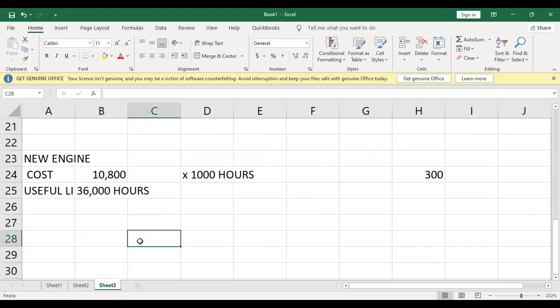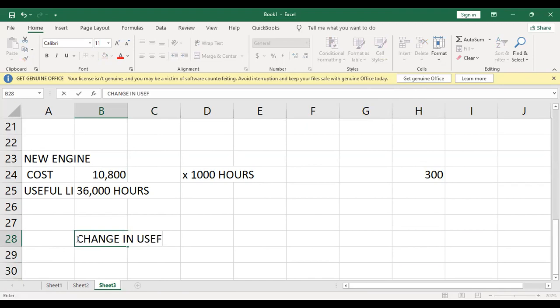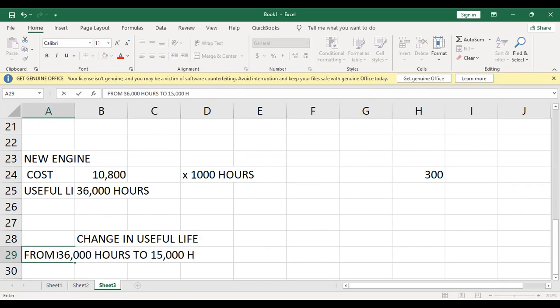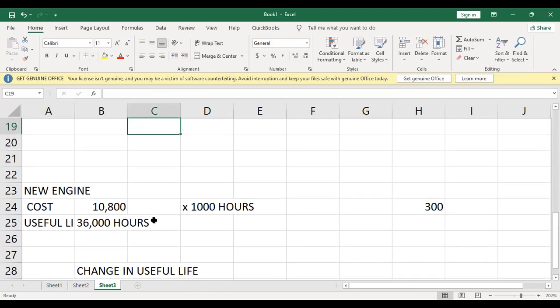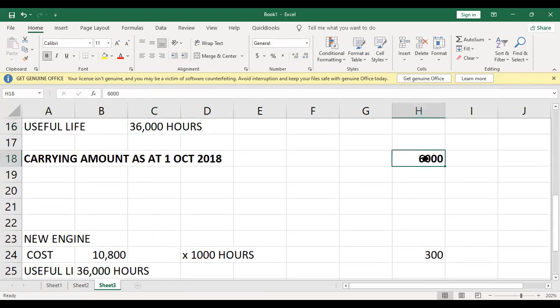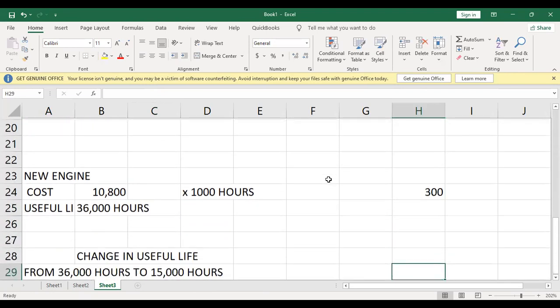So let me have a heading: change in useful life. It has changed from 36,000 hours to 15,000 hours. And the carrying value as at this date is 6 million.